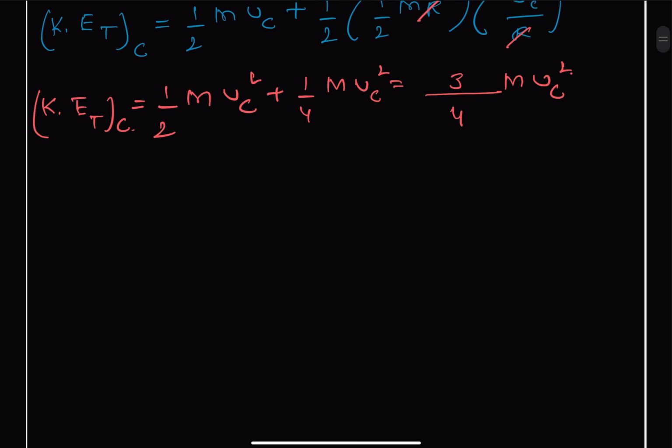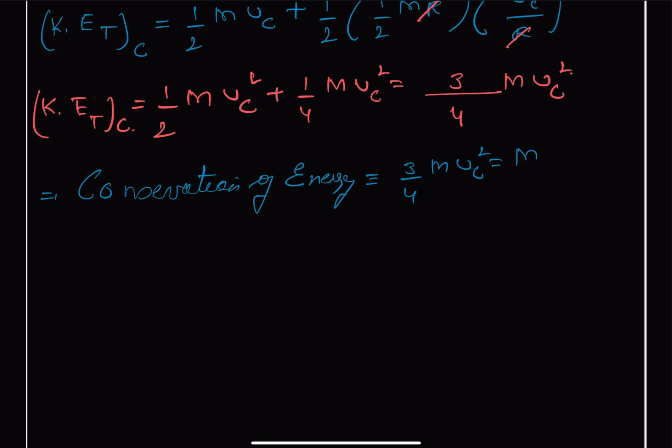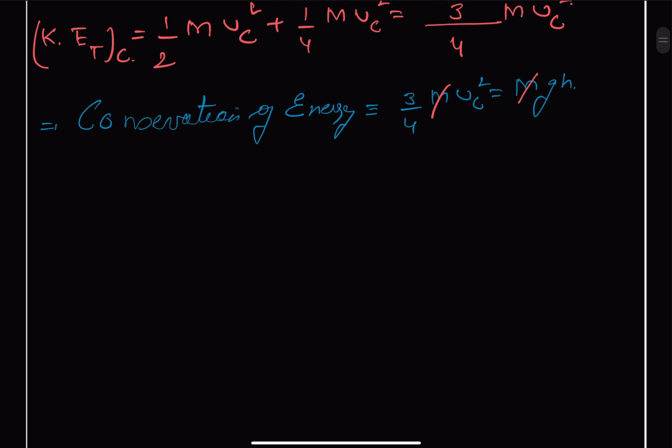Once again, according to conservation of energy, 3 by 4 m vc square is equal to mgh. Mass and mass cancel out, so we get vc square equal to 4 by 3 gh.